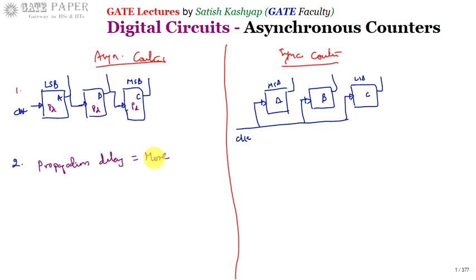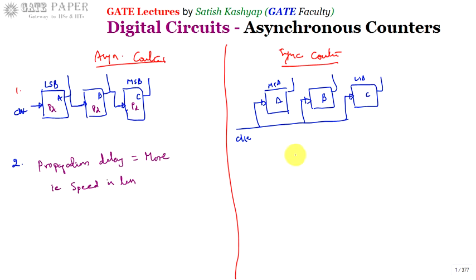The response to the input is produced at the output after a long time. That is what we mean by propagation delay being more. Propagation delay being more means speed is less. The circuit operates at low frequencies.